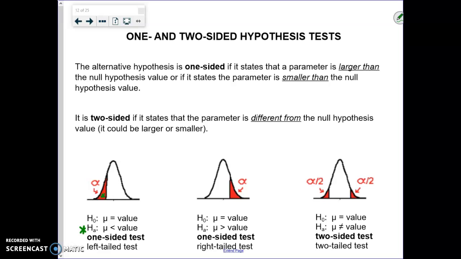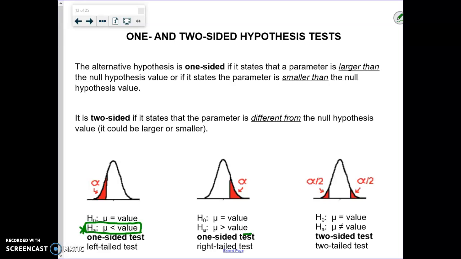We call that a rejection region because if our sample statistic, or test statistic, falls into that area, we reject the null. It's called a one-sided test because, based on our alternative hypothesis, we're seeing if our sample data is less than what we assume the value to be. It's called a one-sided test because the red is on one side. It's also called a left-tailed test because it's on the left tail.